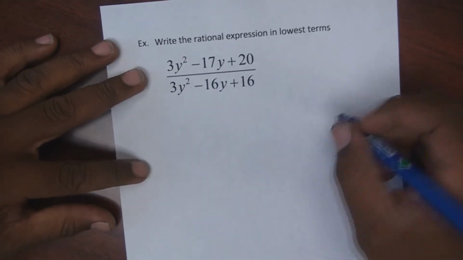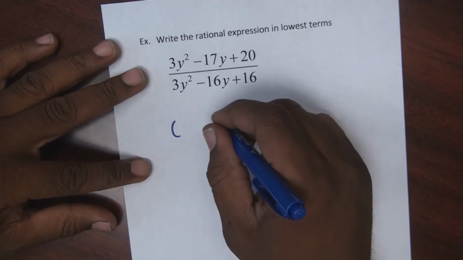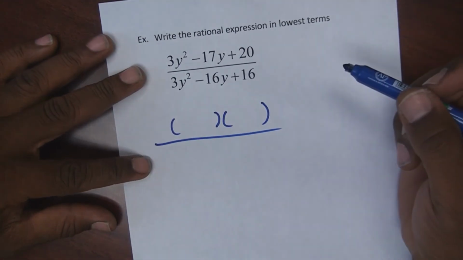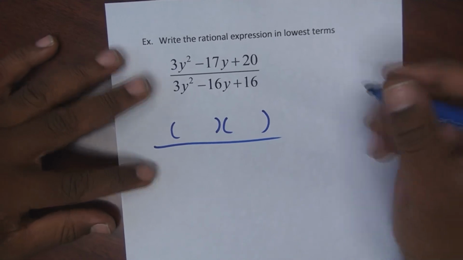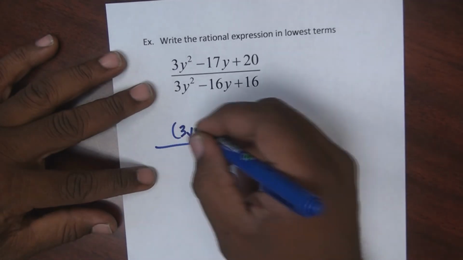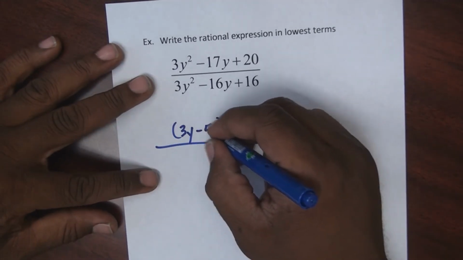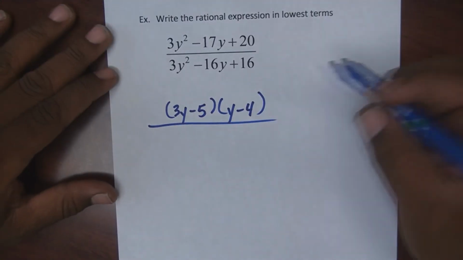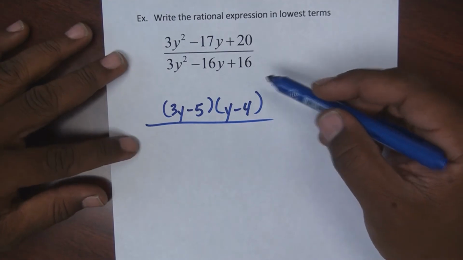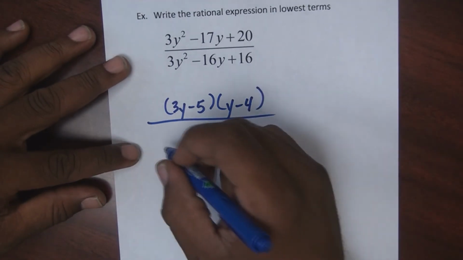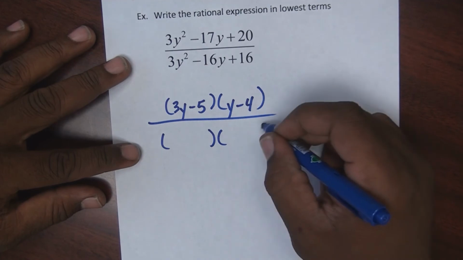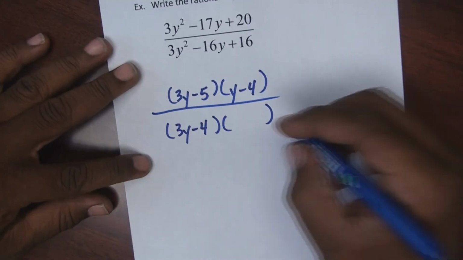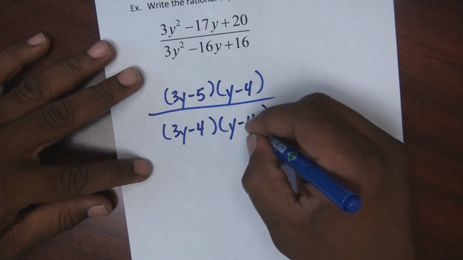When we factor the numerator, I'm going to make 2 sets of parentheses. 3y squared minus 17y plus 20 factors to give us 3y minus 5 and y minus 4. 3y squared minus 16y plus 16, that factors down to give us 3y minus 4 and y minus 4.